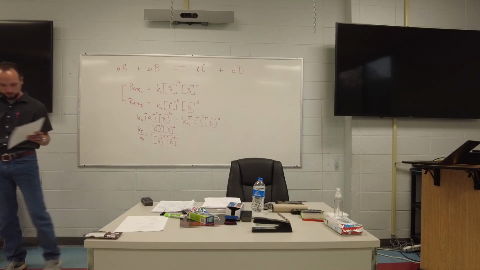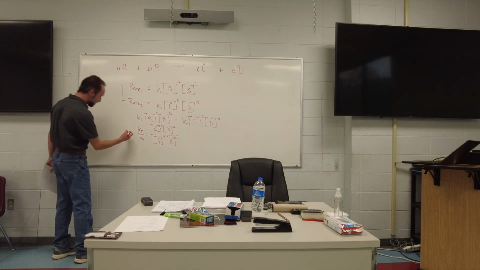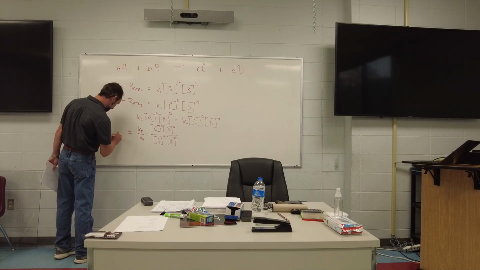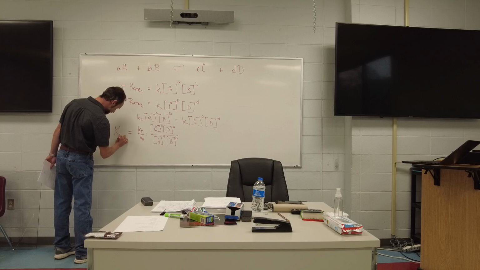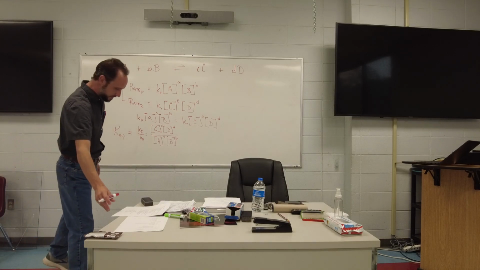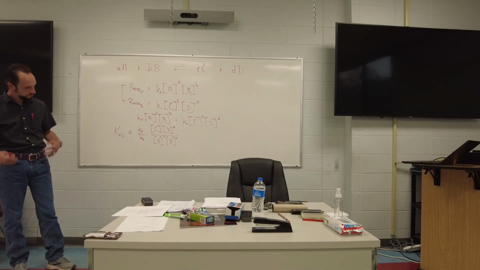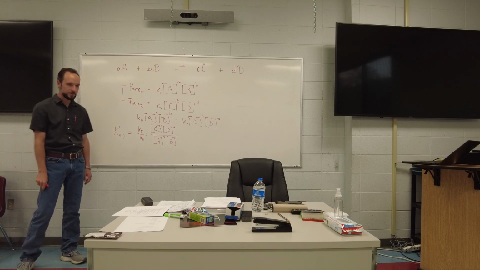So, let's form the bottom of the page. This is the equilibrium constant, which is more commonly termed products over reactants.